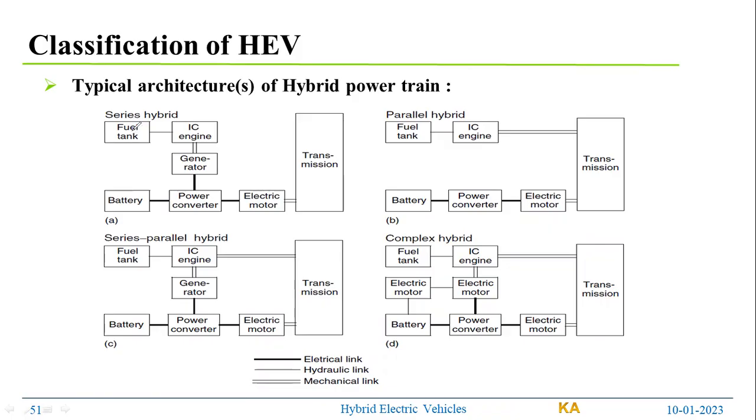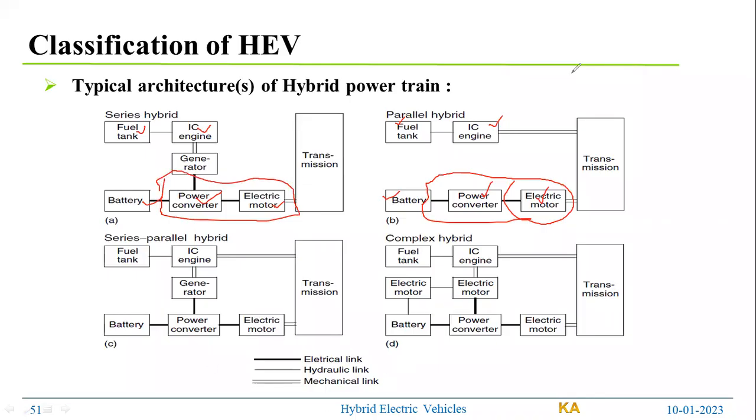So in the series hybrid, if you see, there is a fuel tank. Parallel hybrid also has the same. You have an IC engine in series, and in parallel also. You have a battery. You have a power converter here, and a power converter here. You have an electric motor in both. But there is a difference in this requirement, especially between series hybrid and parallel hybrid.